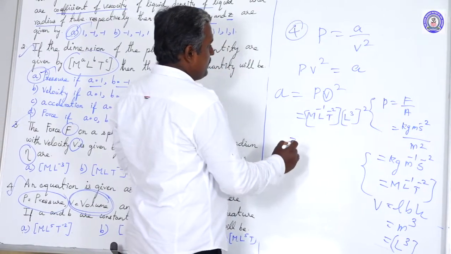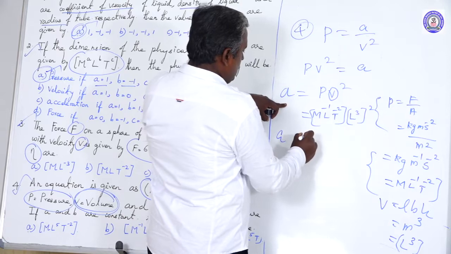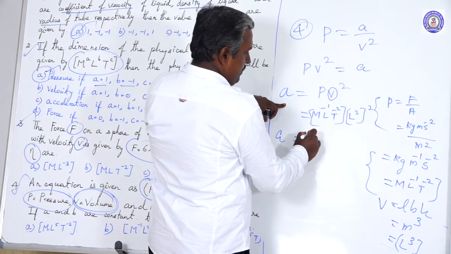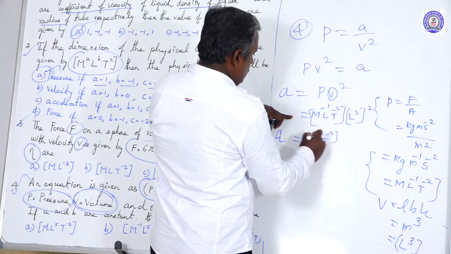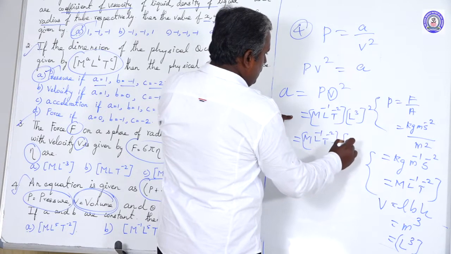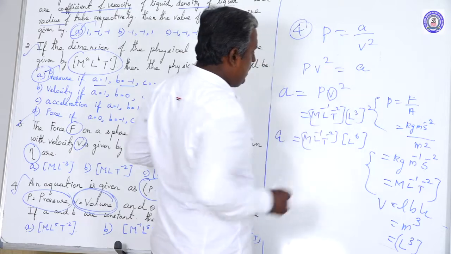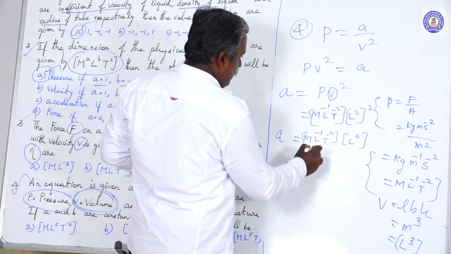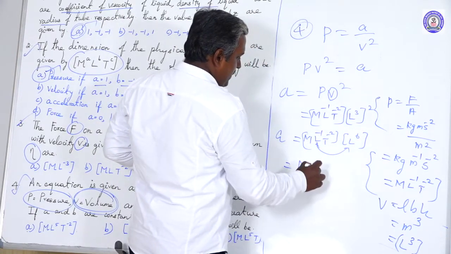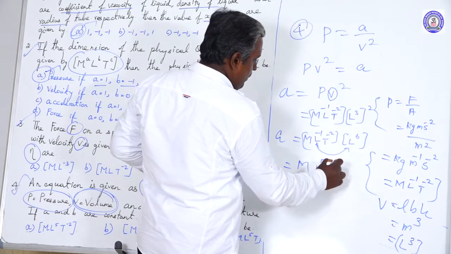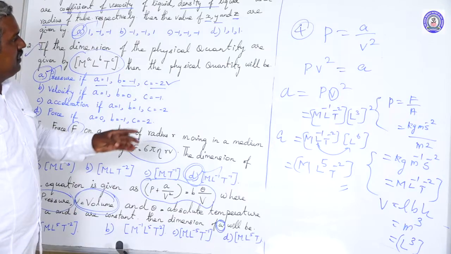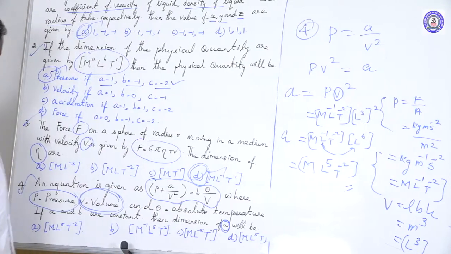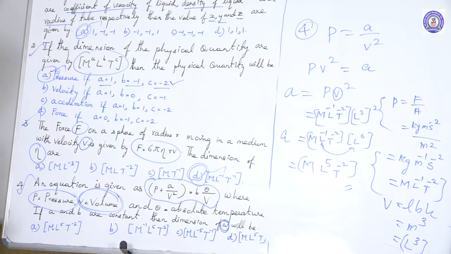So A is equal to M L power minus 1 T power minus 2 into L power 6. So M L power 5 T power minus 2. This is the dimensional formula for A.